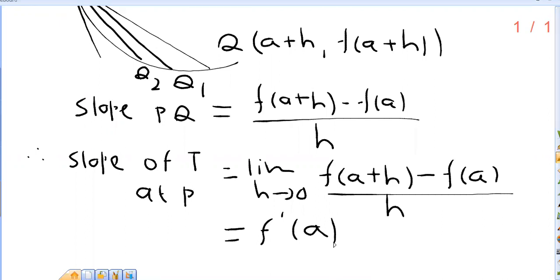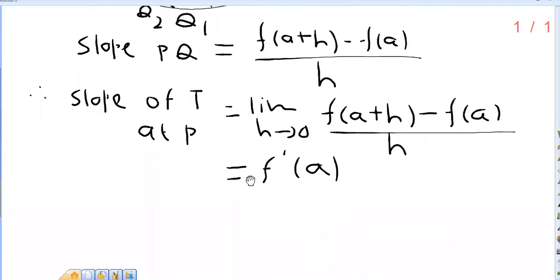See, this is quite logical. The point has to lie on the curve, because if the point doesn't lie on the curve, then how can we find the derivative at that particular point? Because in that case, the point will not belong to the domain of the function. Okay, I hope you have understood this.